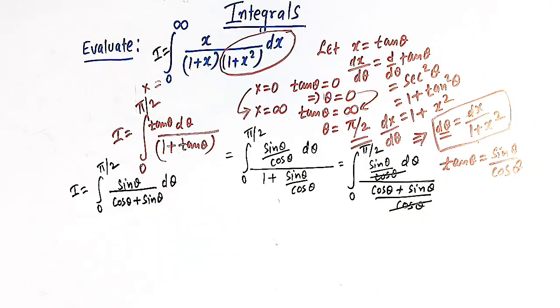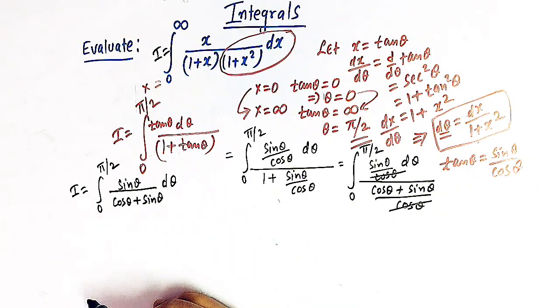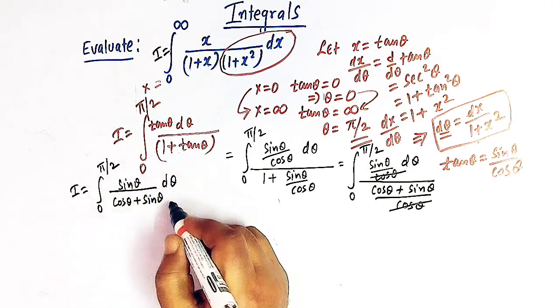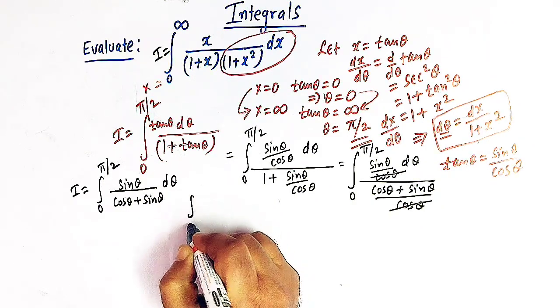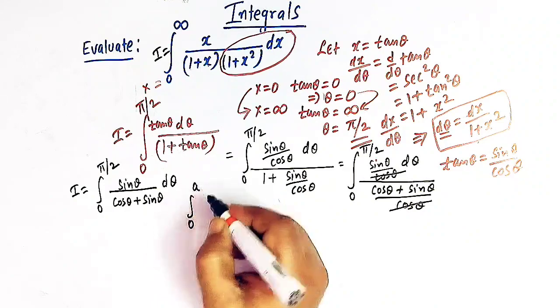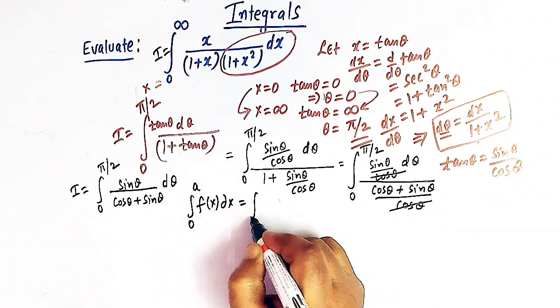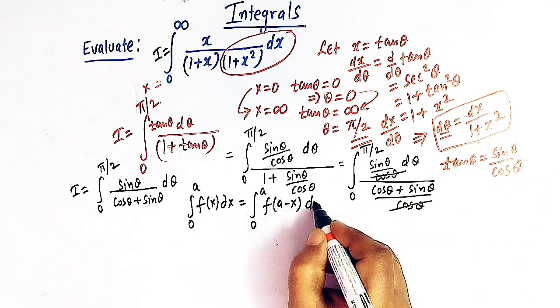Now we have to evaluate this integral. If we look at the problems of definite integrals using the properties of definite integrals, this is a very simple problem. Here we'll make use of an important property of definite integrals, which says that the integral from 0 to a of f of x dx is equal to the integral from 0 to a of f of a minus x dx.